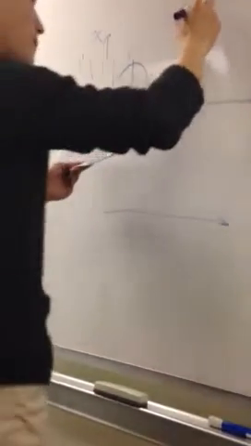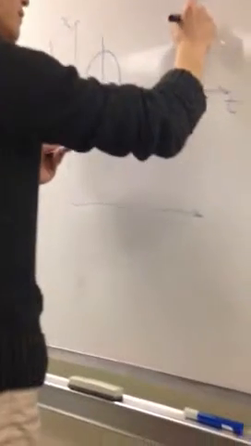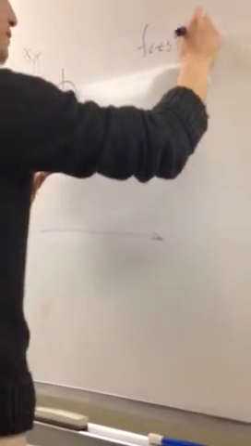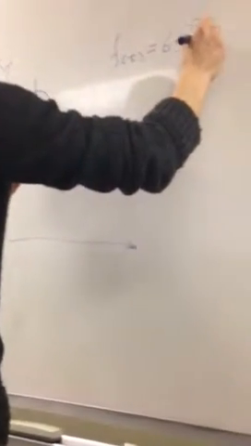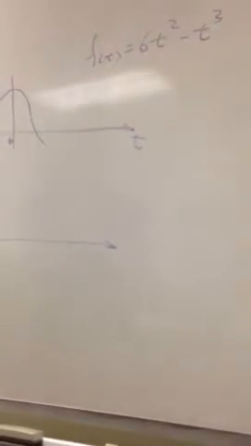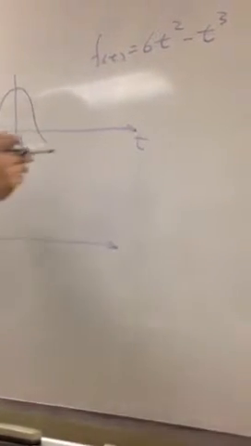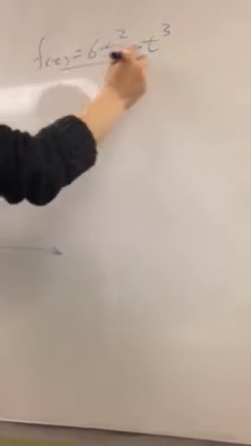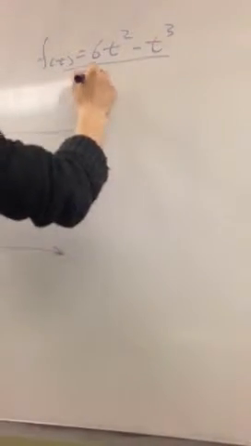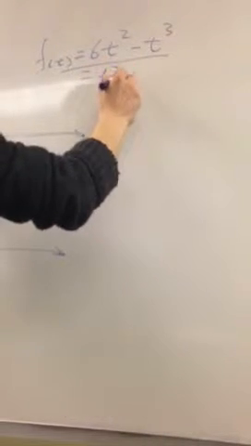So the function is t squared minus 2, and from this you will know it's t.